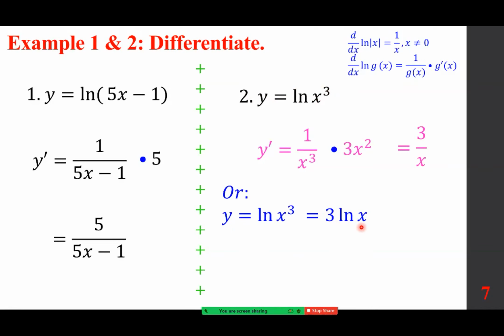And so now y prime is 3 times, what is the derivative of ln x? 1 over x. So 3 times 1 over x. It's exactly the same answer. Again, it doesn't make much of a difference here, but it does when it gets more complicated.